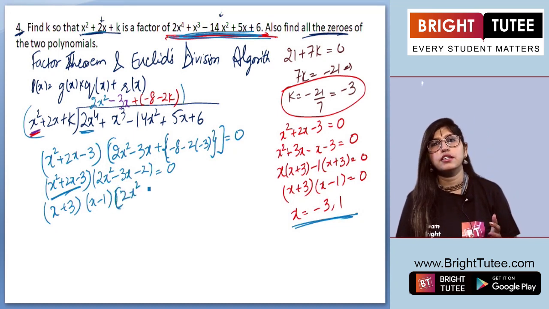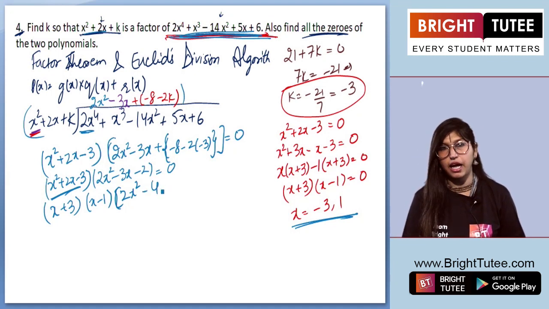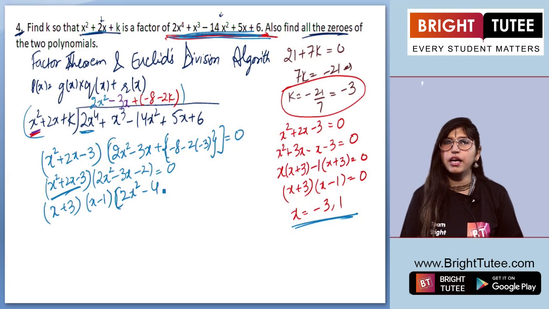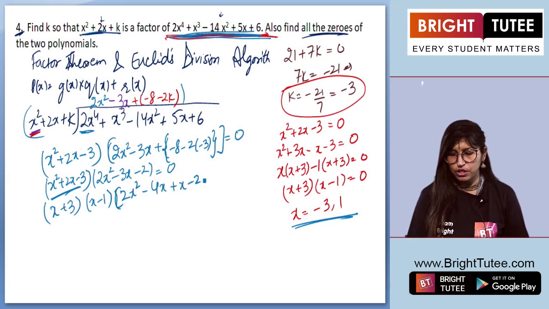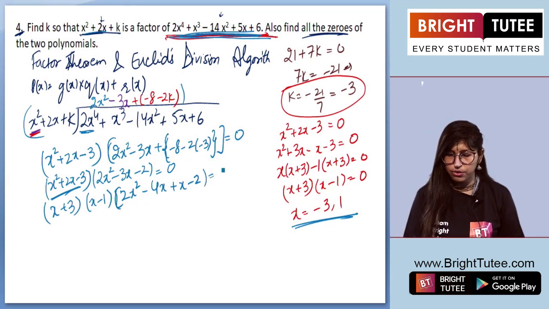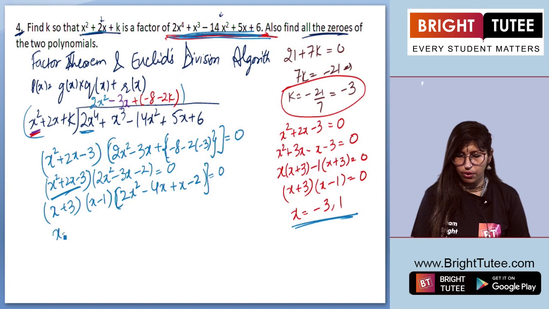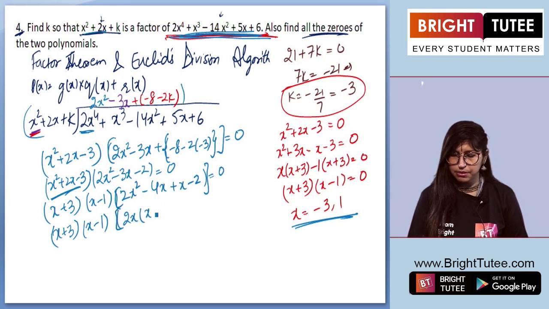We need two numbers or two terms wherein we can add and subtract. We'll get minus 3x and multiply, we'll be getting minus 4. So I can go ahead with this one, because minus 4x plus x only will give minus 3x equals 0. Now x plus 3, x minus 1, so I'll be getting 2x common, so I'll be getting x minus 2 plus 1 times x minus 2 equals 0.